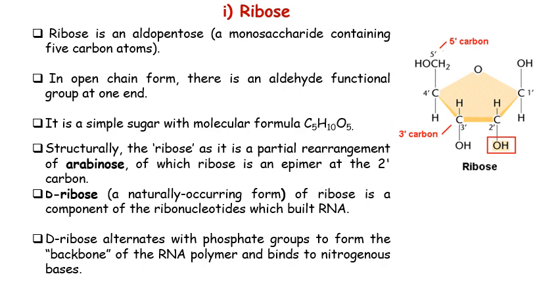Here, side by side, is the representation of the aldopentose ribose, where you can see the ring contains 4 carbon atoms, and in total there are 5 carbon atoms. At carbon number 2, the hydroxyl group has a different position if we compare ribose to arabinose.